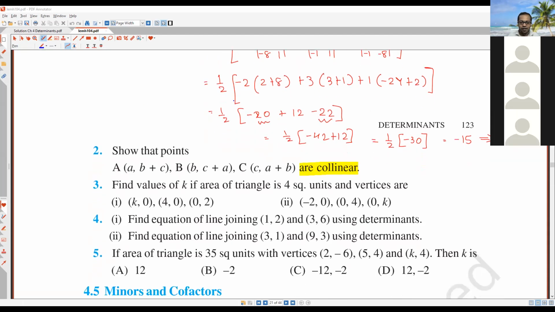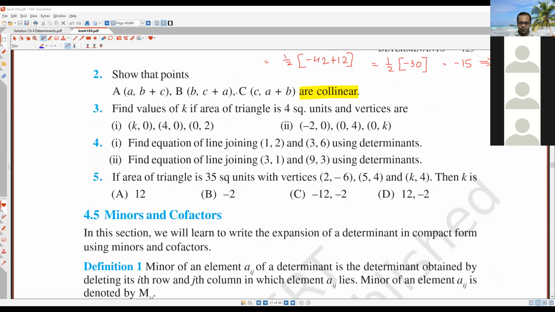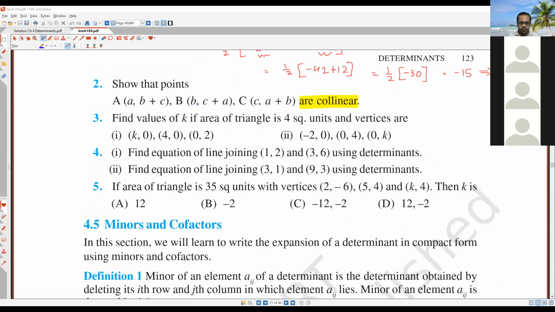Now, let us continue. Can you please tell me which was the last question that we did? Question 2. Question number 2. Okay. Yes.